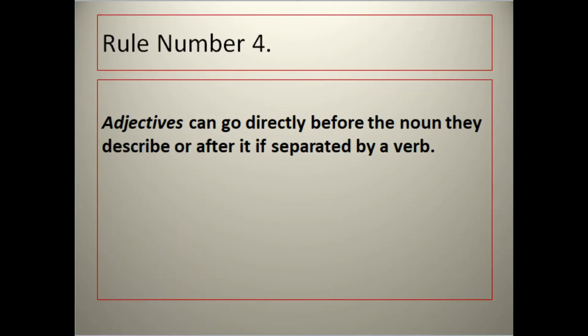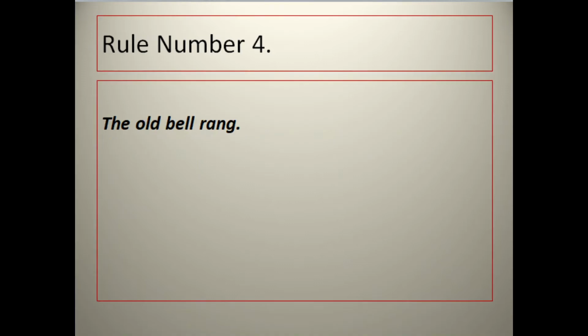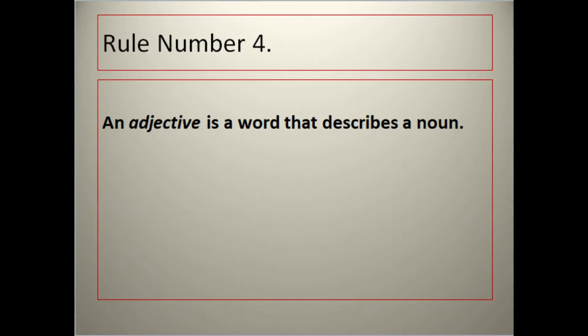Rule number 4. Adjectives can go directly before the noun they describe or after, if it is separated by a verb. Example, the old bell rang. An adjective is a word that describes a noun.